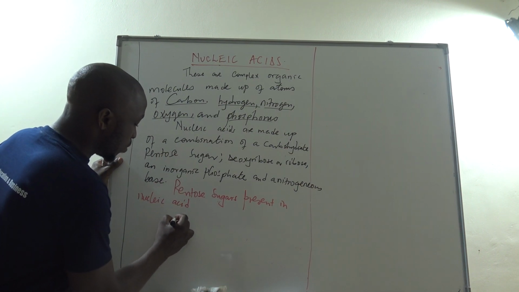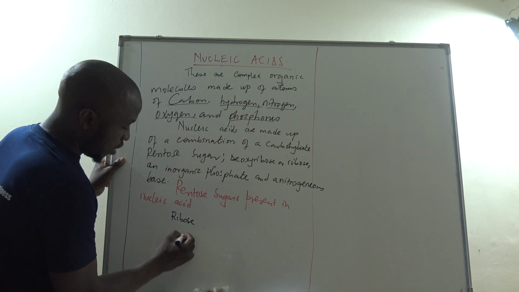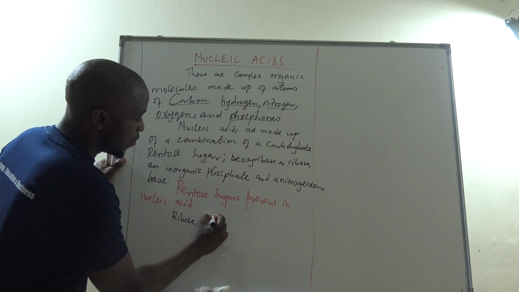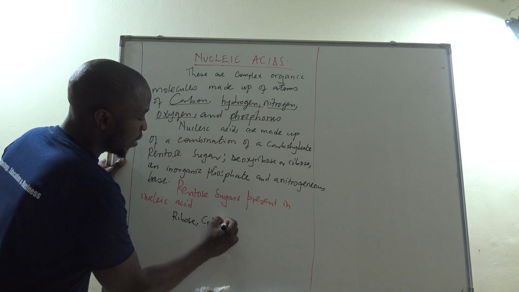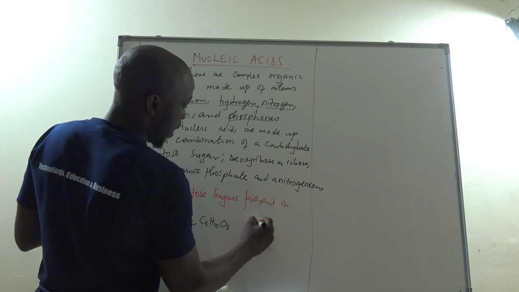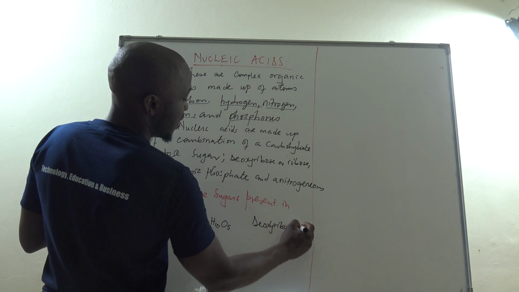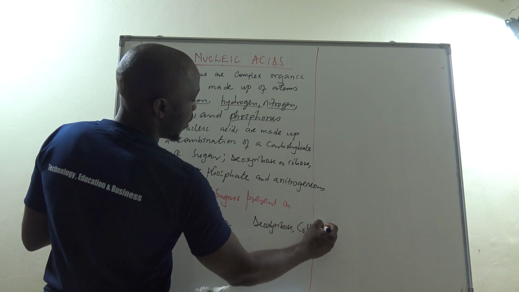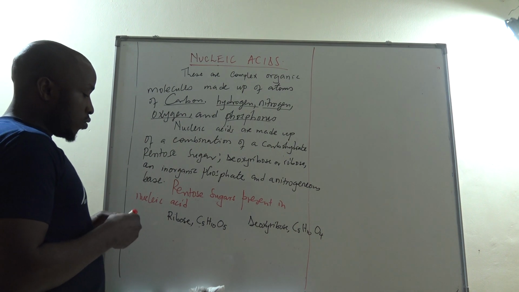So our pentose sugar ribose has C5H10O5, and deoxyribose has C5H10O4. So how do they look?